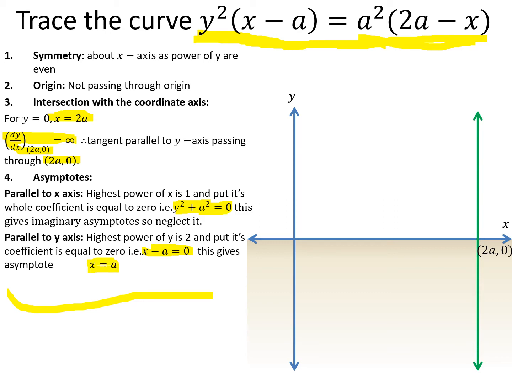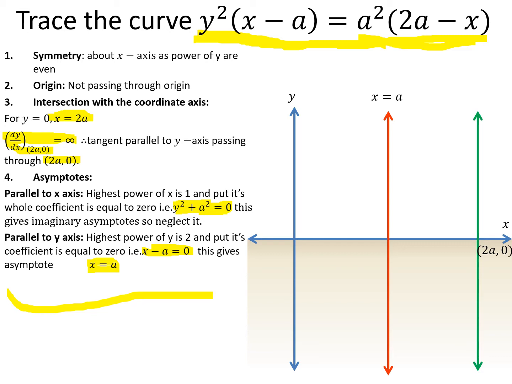Now we have to draw this asymptote x is equal to a on the xy plane. This red line denotes the line x is equal to a, which is the asymptote. So I think it is clear how to find an asymptote, and if you get any asymptote, you have to draw that asymptote line on the xy plane.